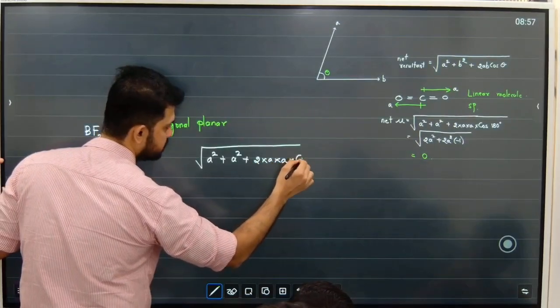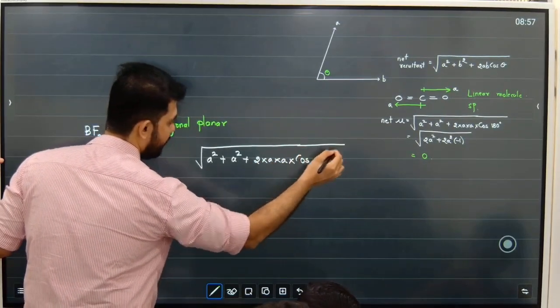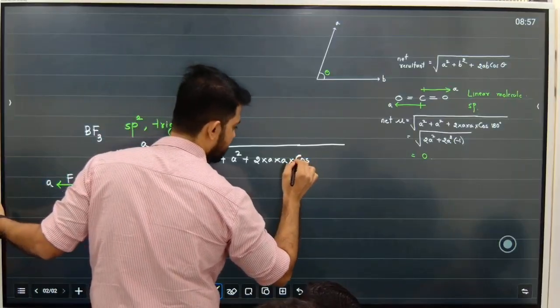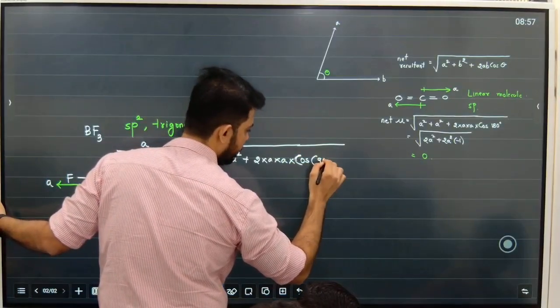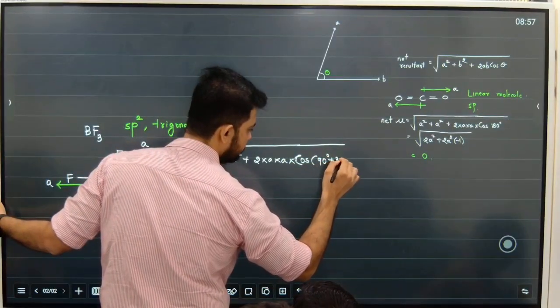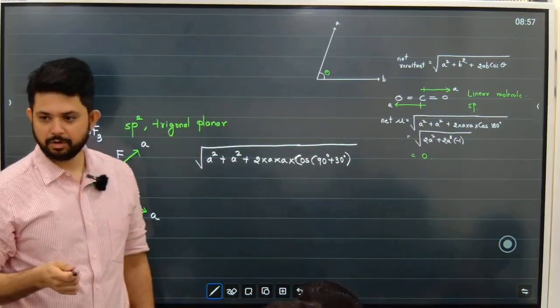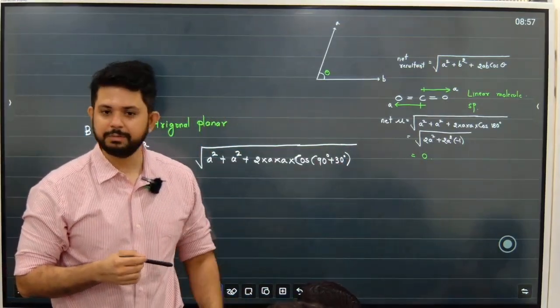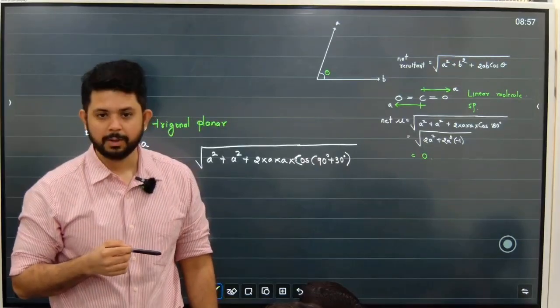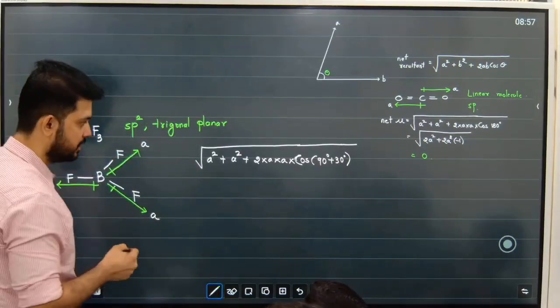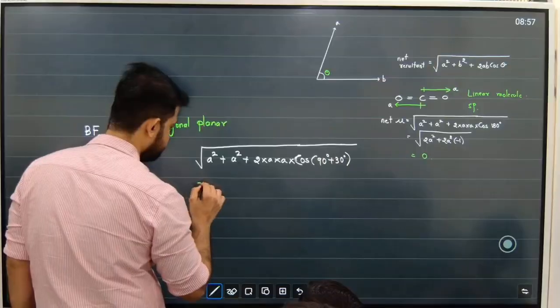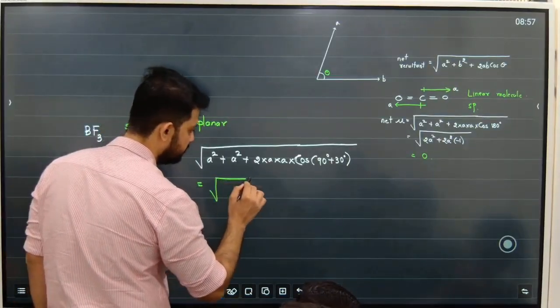A A cos 120. Can I directly write cos 120 as cos of 90 plus theta? I think you have done this in maths, these basics. Cos 90 plus theta is how much? Minus sin 30. And how much will sin 30 be?